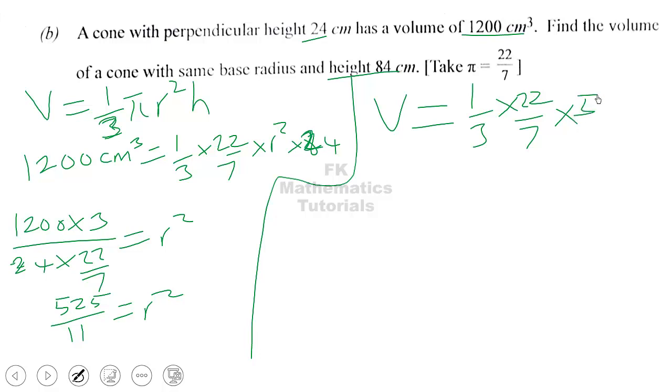R square is now 525 over 11, times 84, and this will give us 4200 centimeter cube.